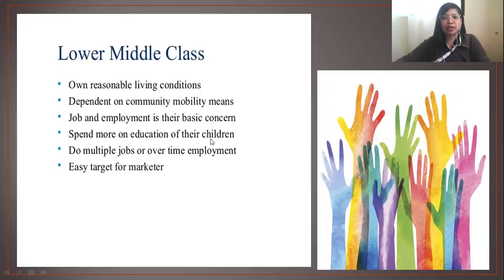The lower middle class own reasonable living conditions and are very dependent on community mobility means. Their job and employment are their basis of concern. They spend more on the education of their children, do multiple jobs or overtime employment, and are a market for marketers.